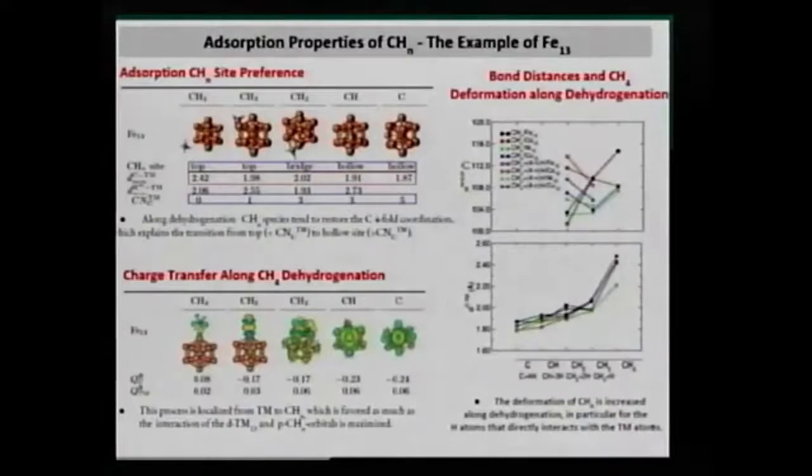Along with this preference, we found that the CH bonds that directly interact with the transition metal suffer elongation, while the other bonds that do not interact with the transition metal are shortened.